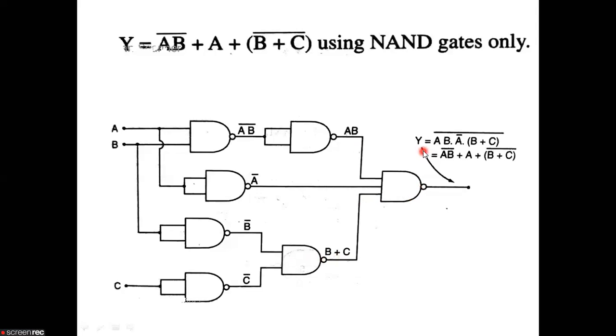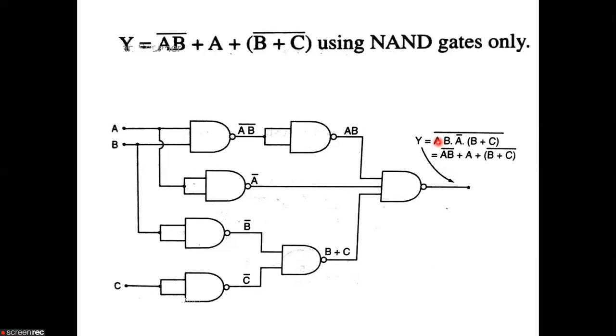Now see this expression here, A dot B dot A bar dot (B plus C) whole bar. Now if you are applying the De Morgan's theorem, it will be coming like this. Why are we applying the De Morgan's theorem here? This De Morgan's theorem you will be learning in Boolean algebra. But here, for simplicity, I am telling you that we are using the De Morgan's theorem.